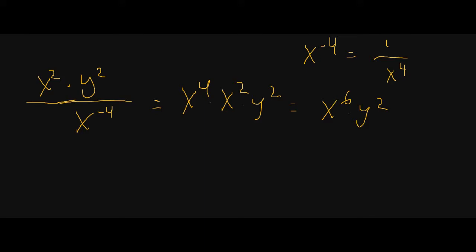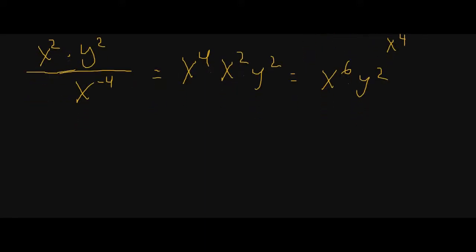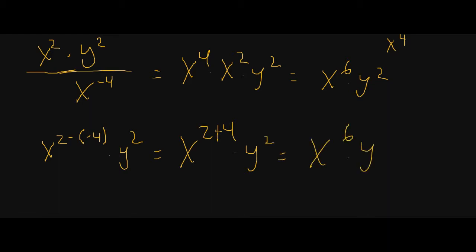If you wanted to, we could also approach this using the quotient rule, right? So x squared minus negative 4 times y squared. Well, that's the same thing as x to the 2 plus 4 times y squared, which is the same thing as x to the 6 times y squared.